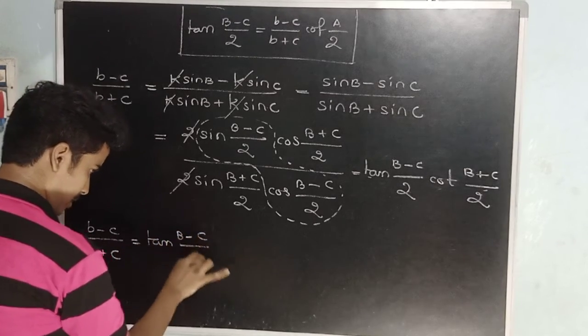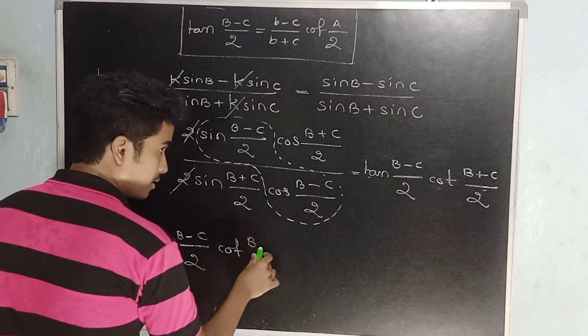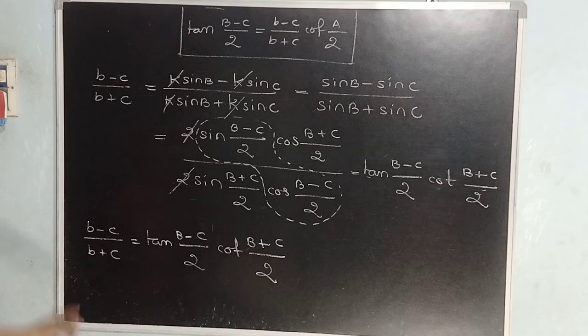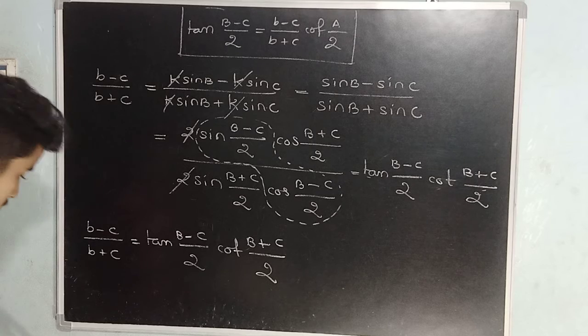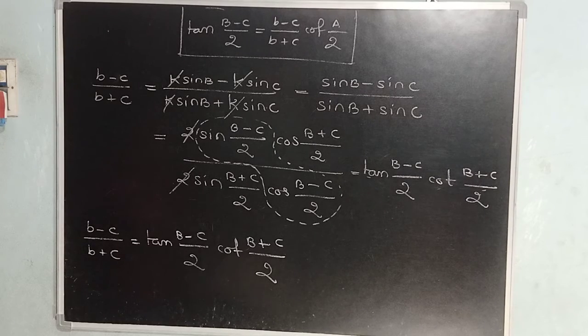tan B minus C by 2 into cot B plus C by 2. Let me erase this part for further simplification.